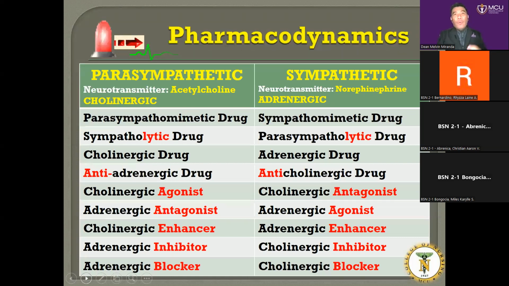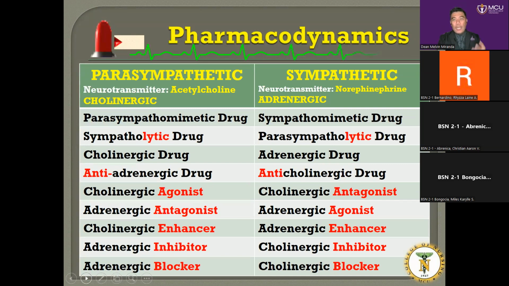Next, if you encounter drugs that have lytic, what are those drugs? Those that could be associated with lytic are anxiolytic and mucolytic. With mucolytic, it means it inhibits mucus secretion.